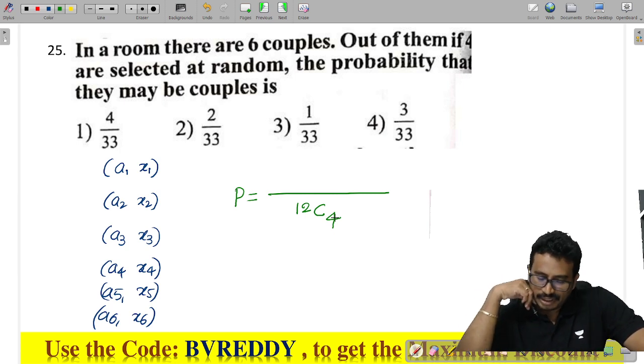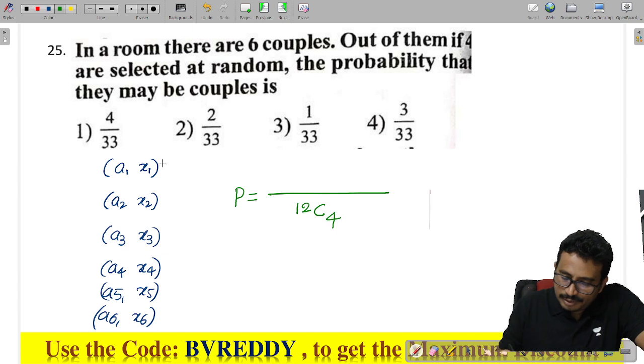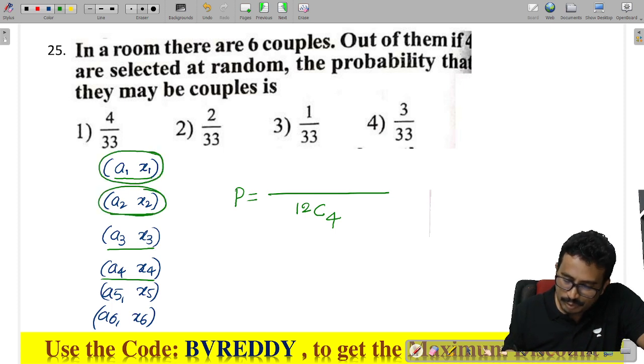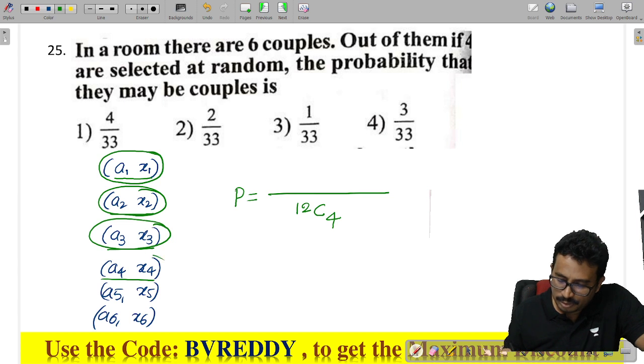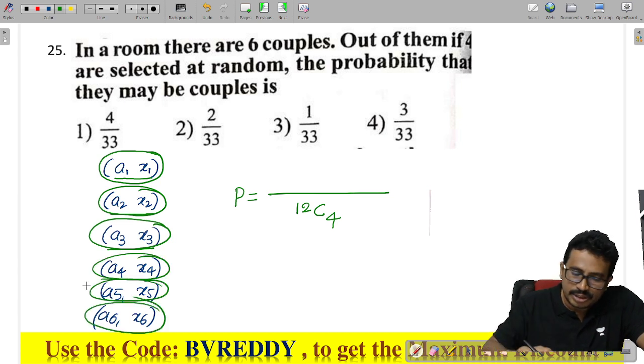Now, the required event: what can I do here? I need to select both of these fellows, or both of these, like this. What I am doing is grouping them here. 1 group, 2 group, 3 group, 4 group, 5 and 6. Total 6 groups are there.